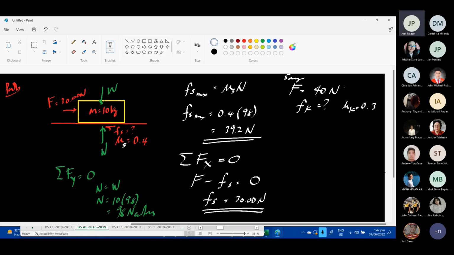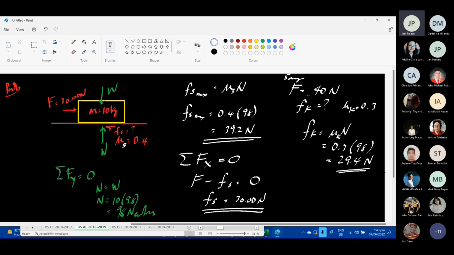Since the applied force of 40 newtons is greater than the maximum static force, 39.2, therefore the type of friction present will be kinetic friction, meaning there is motion already, or the block will move past the horizontal plane. So it is the coefficient of kinetic friction that we are going to use. And so the kinetic frictional force will be equal to mu k times N, 0.3 times the same normal force of 98 newtons, that will be 29.4 newtons. So that is the kinetic friction when you apply a force of 40 newtons.